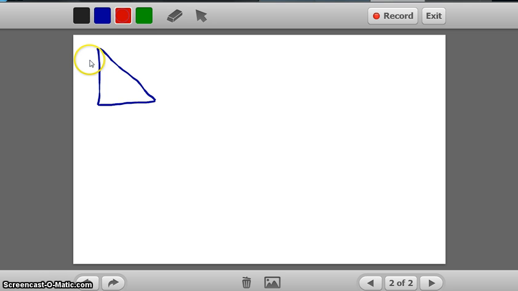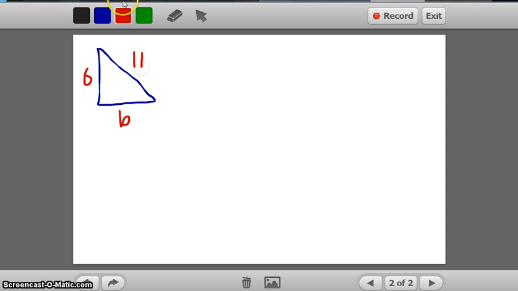Let's try another one. On this problem, let's look for one of our legs. Let's solve for B. So in this right triangle, you are given one leg is 6, and your hypotenuse is 11.